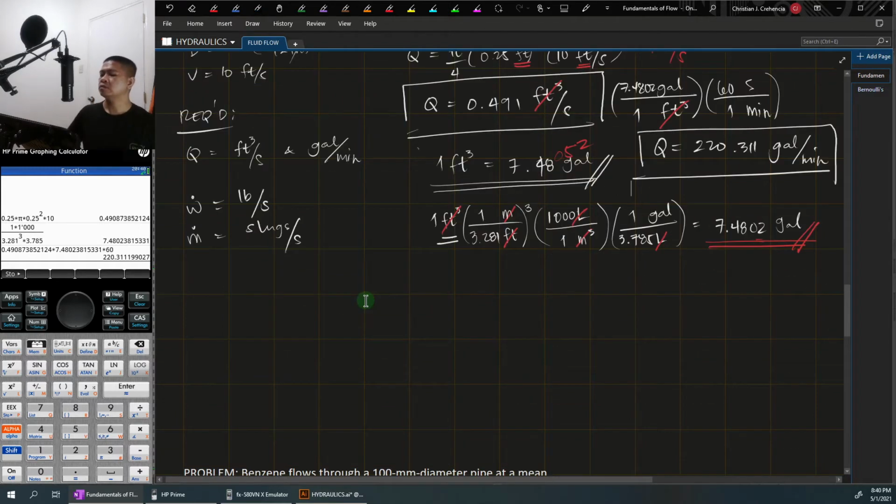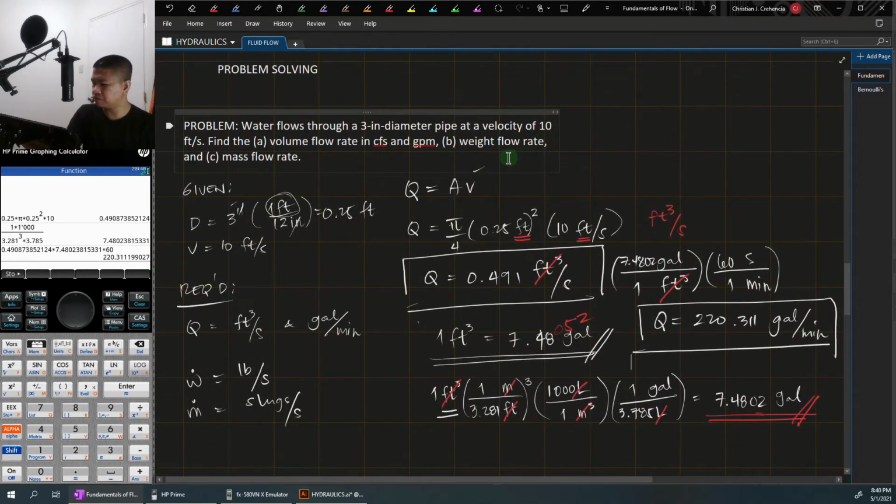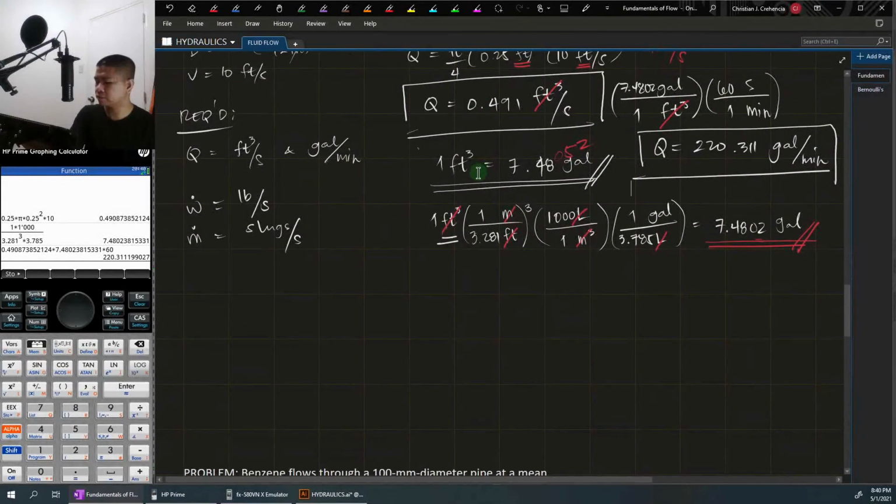Okay. So, para naman sa next question, weight flow rate and mass flow rate. For the weight flow rate, yung formula nga natin dito is unit weight times the discharge Q. And the unit weight of water in the English system is 62.4 pound per cubic foot.